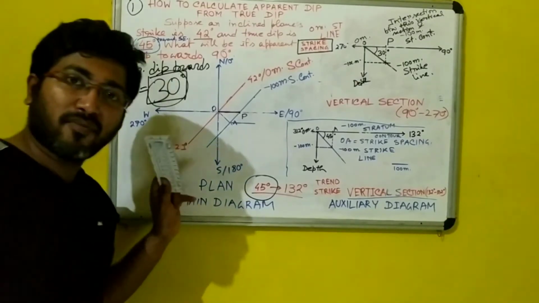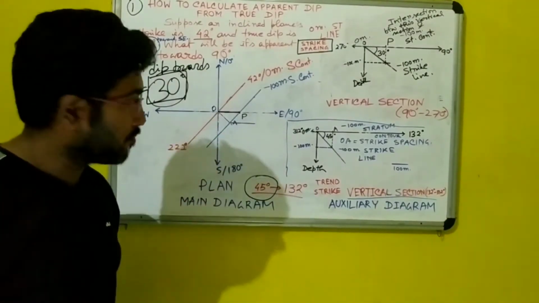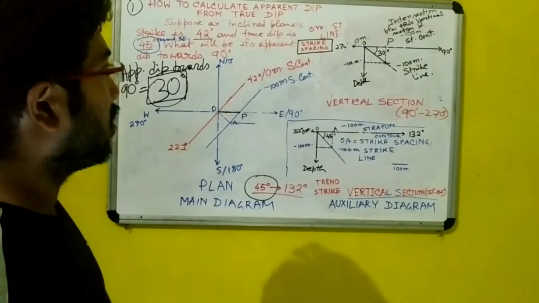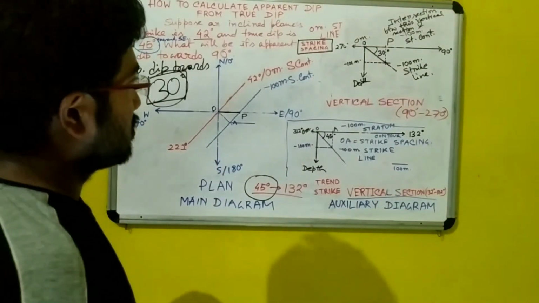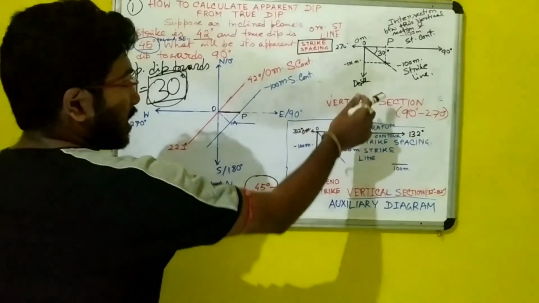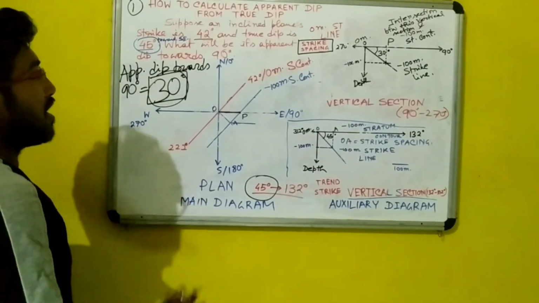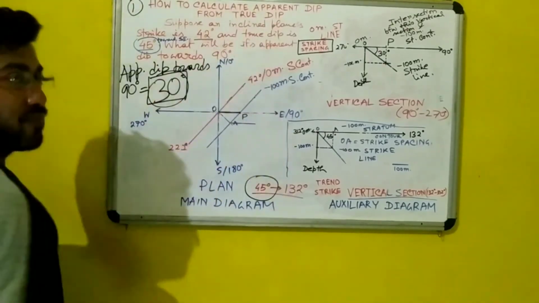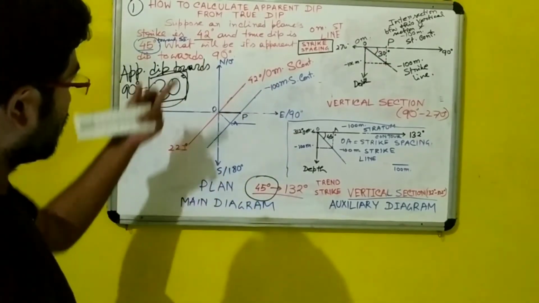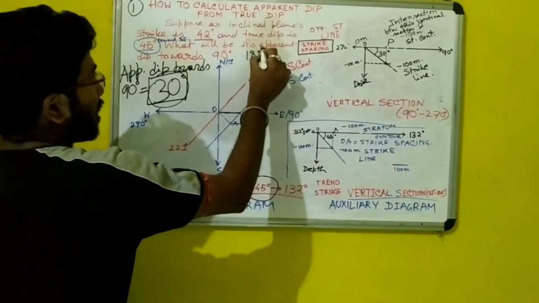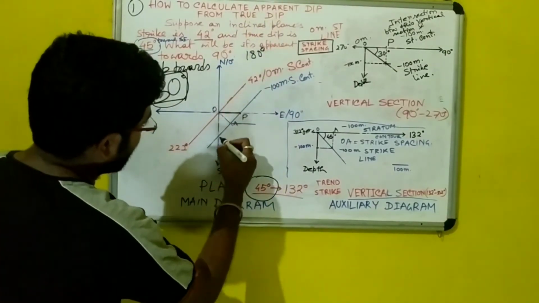Apparent dip can never be more than true dip. I said already, by the definition of true dip. So these are two auxiliary vertical sections, and you can calculate by this theory n number of apparent dips. If you are given 180 degree to measure apparent dip towards 180 degree, you have to take this one.